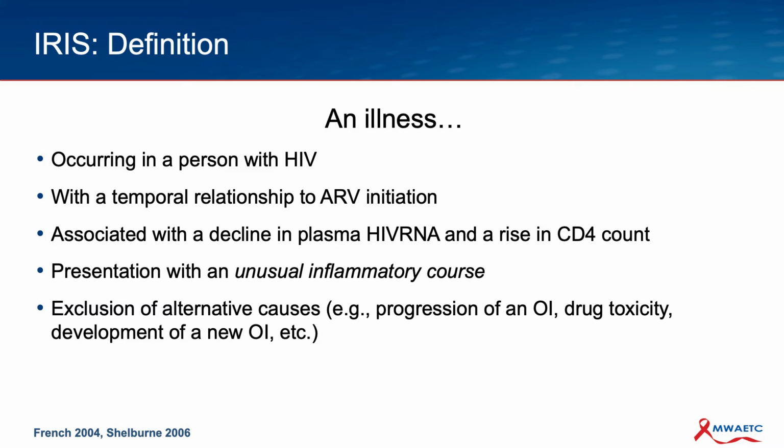Plenty of people will develop opportunistic infections after starting antiretroviral therapy. They don't all constitute IRIS. IRIS has to be an unusual inflammatory course for that particular infection. And you need to exclude alternative causes like progression of an OI, drug toxicity, the normal presentation of a new OI. Those need to be off the table for you to label someone as having IRIS.